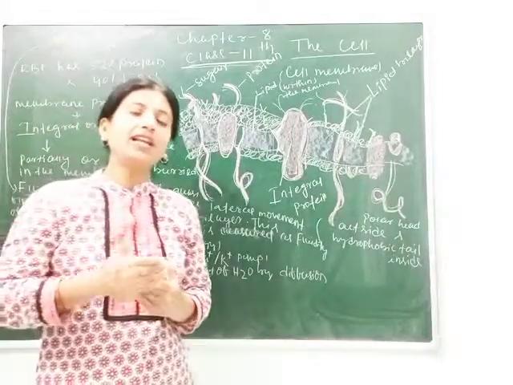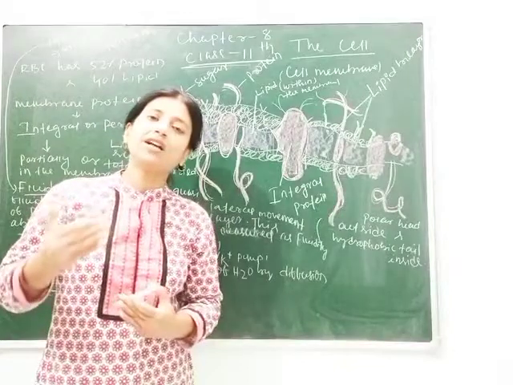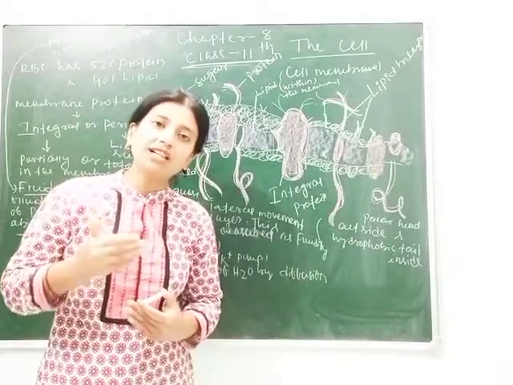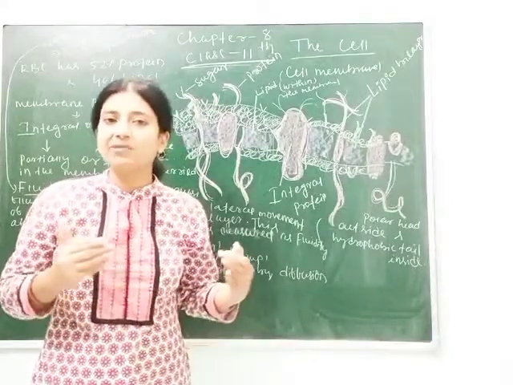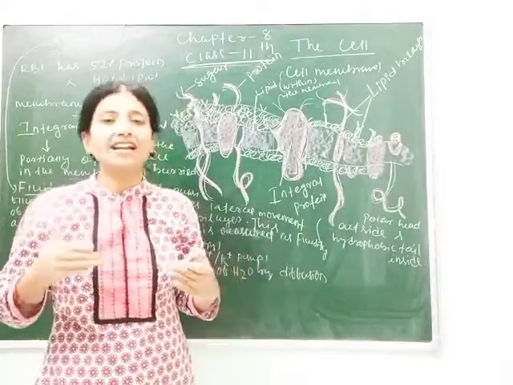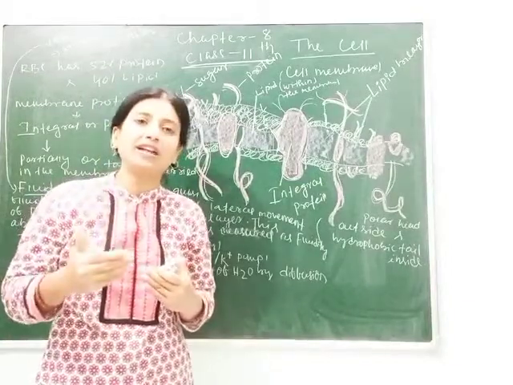But gradually, when some more microscopes were developed, it was found that the cell membrane is made up not only of lipids, but also of proteins and carbohydrates. Is that clear? Proteins and carbohydrates.